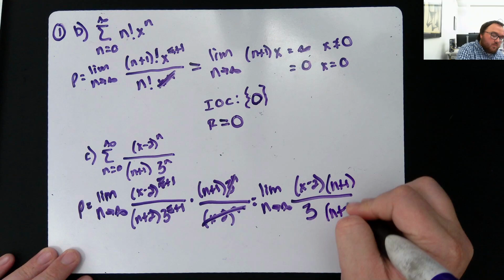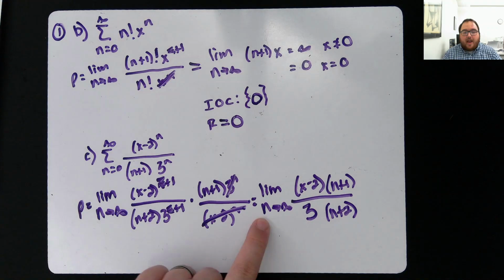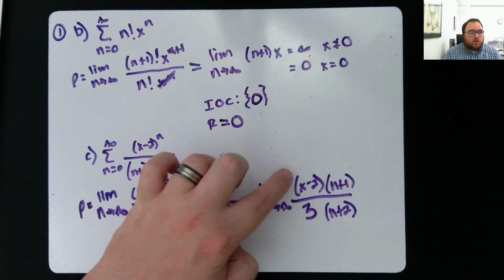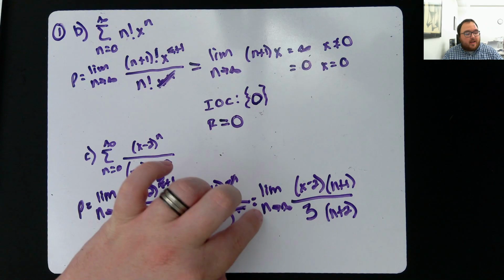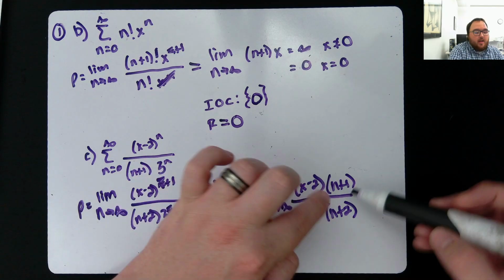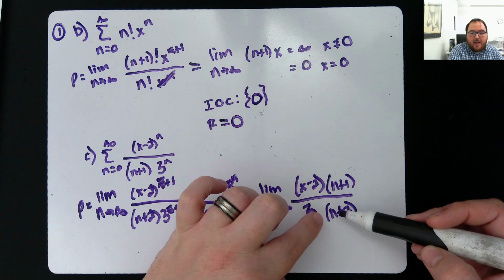So the limit of this looks pretty gross, right? It looks hard. But remember, I'm only looking at the n, right? (x minus 2) over 3 doesn't have an n, so I don't really have to worry about that. As n gets really big, n plus 1 and n plus 2 are going to grow at the same rate, because I have an n right here and an n right there.